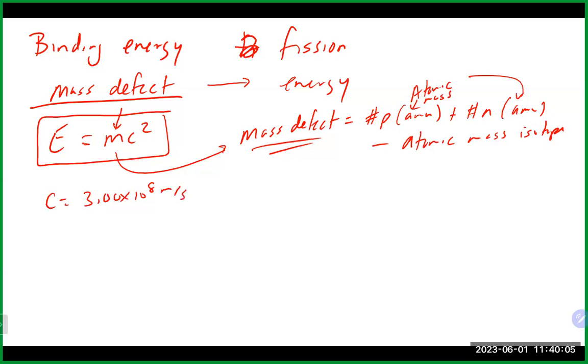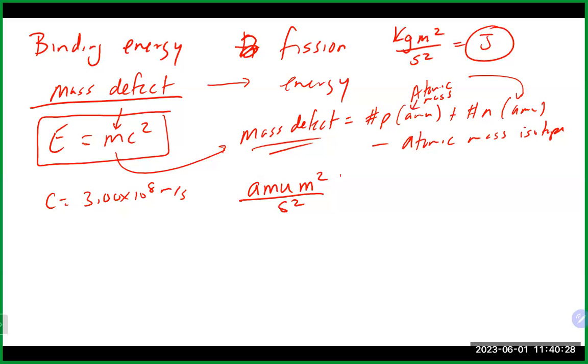Now, as we talked about, when you do this calculation, if you choose to use Einstein's equation and you put all those numbers in, you will end up with units of AMU times meters squared divided by second squared. What your goal would be to end up with is kilograms times meters squared over second squared, because that equals a joule.